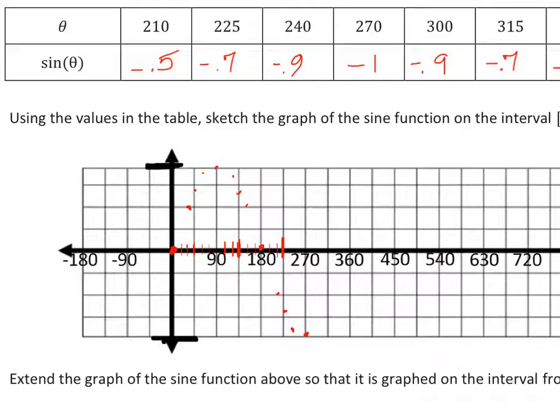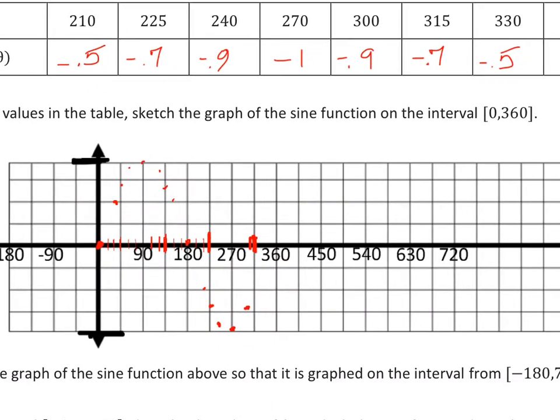I want to go to 300 now. Well, if I add 45 to 270, it puts me here. That's 315. So just behind that, on this mark, would be 300, and 315 would be at negative 0.7. And then we come back.